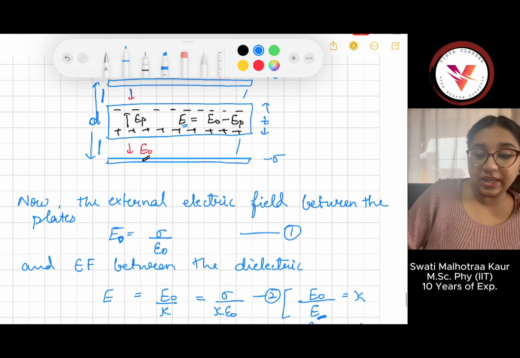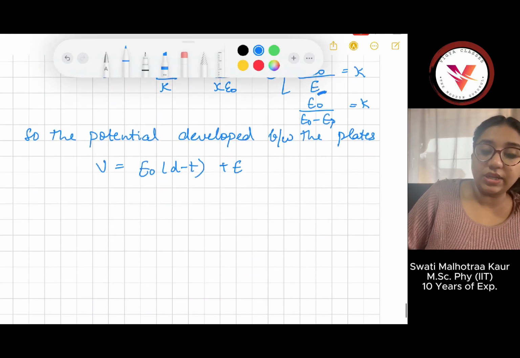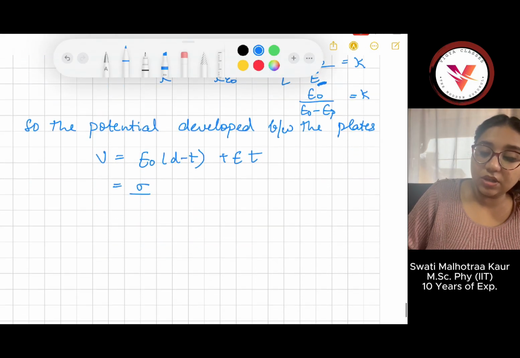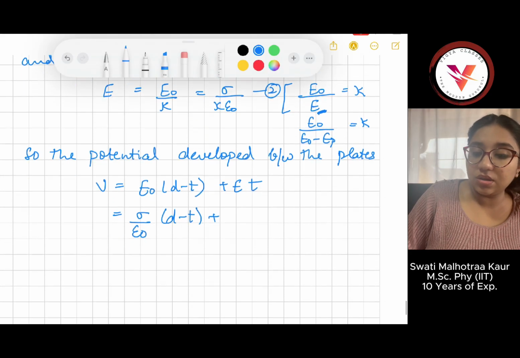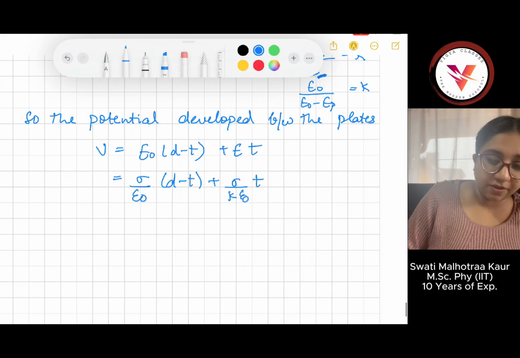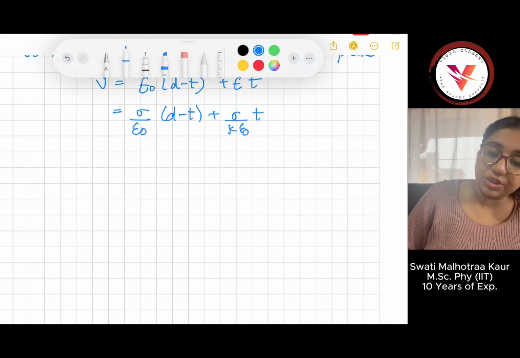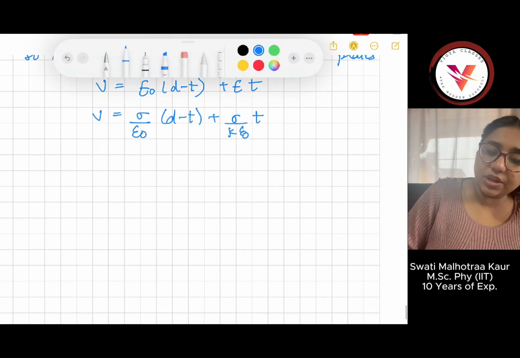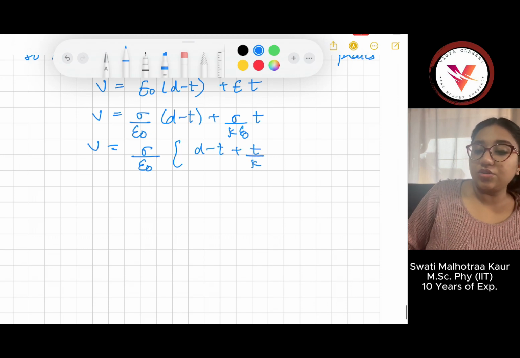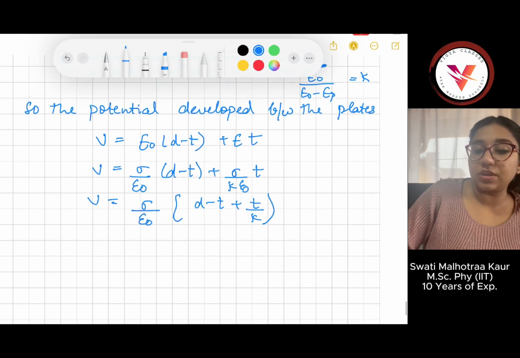And for the electric field E, the distance is the thickness T. So plus E into T. Just put the value of E naught and E: E naught is sigma by epsilon naught times D minus T, and E is sigma by kappa epsilon naught times T. Fine. Now sigma by epsilon naught can be taken common: D minus T plus T by kappa. Just mark this as equation number 3.